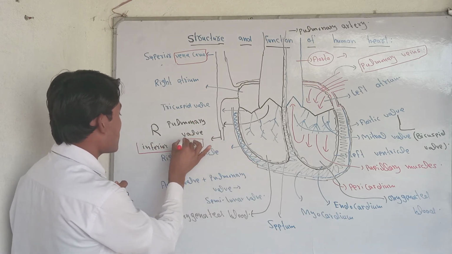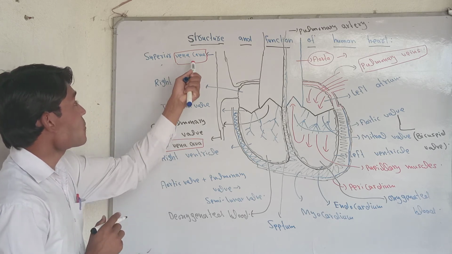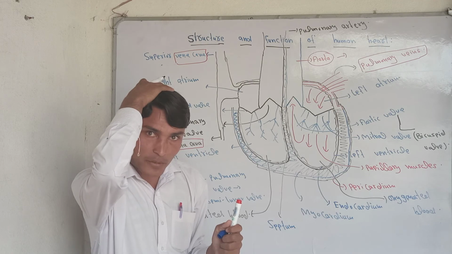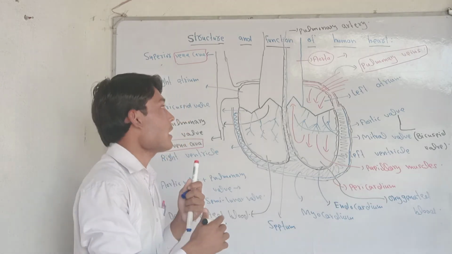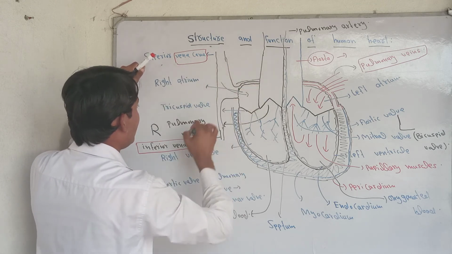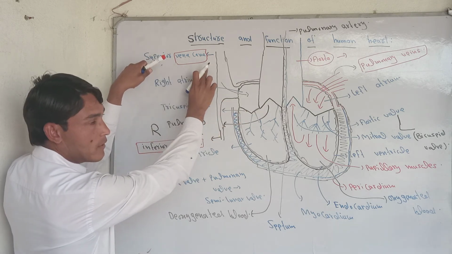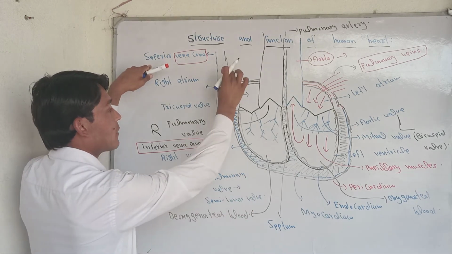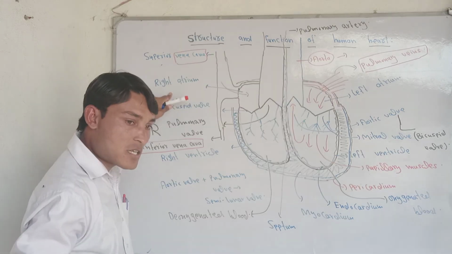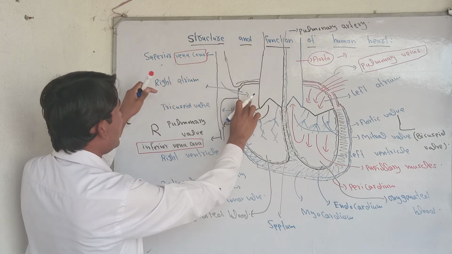The superior vena cava takes deoxygenated blood from the upper part of the body, such as the head and neck, and pours it into the right atrium, while the inferior vena cava takes deoxygenated blood from the lower part of the body, such as the legs and feet, and pours it into the right atrium.